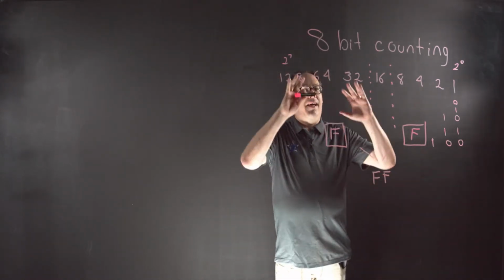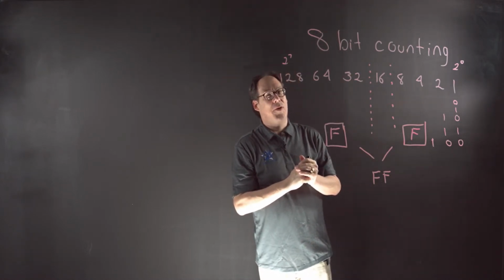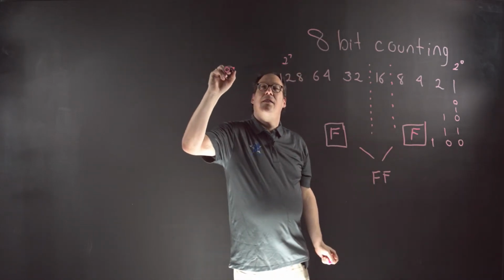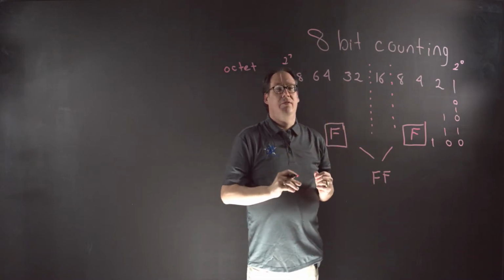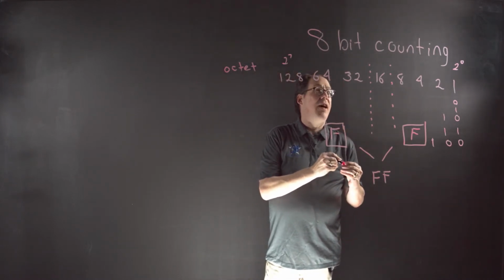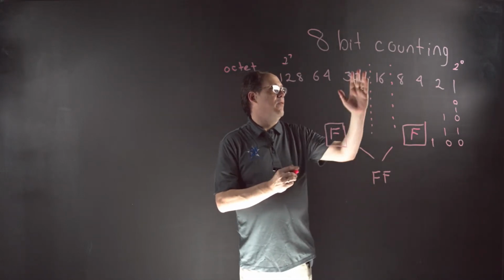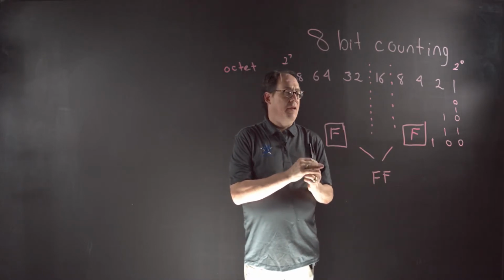So this 8-bit counting is what we would use to form what's known as an octet. In the IPv4 address world, this is one of those. So half of that 8-bit number, 4 bits, is one hexadecimal value.